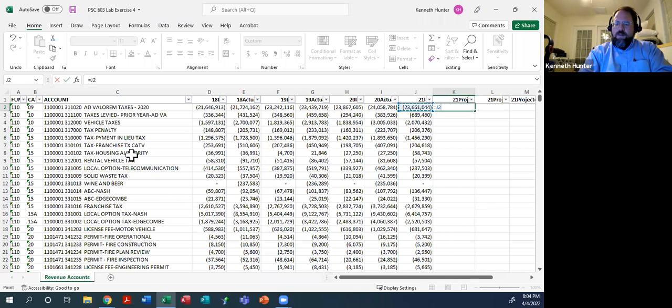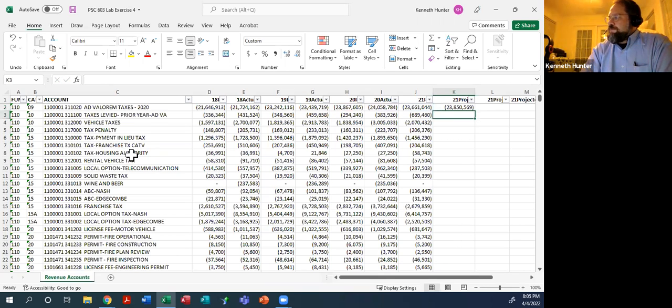So K2 equals J2 divided by parentheses H2 divided by I2. And you see it there in the formula field. Hit enter. And it gives you a total of 23,850,569.